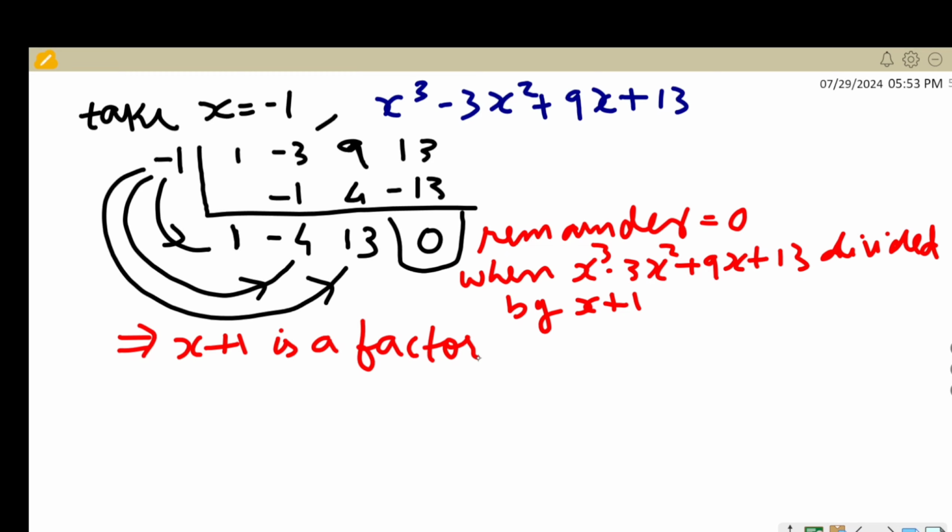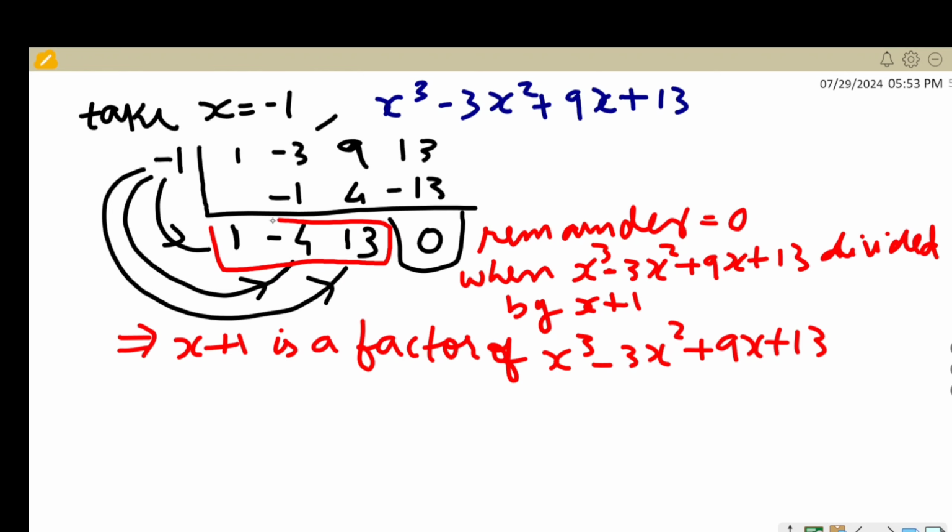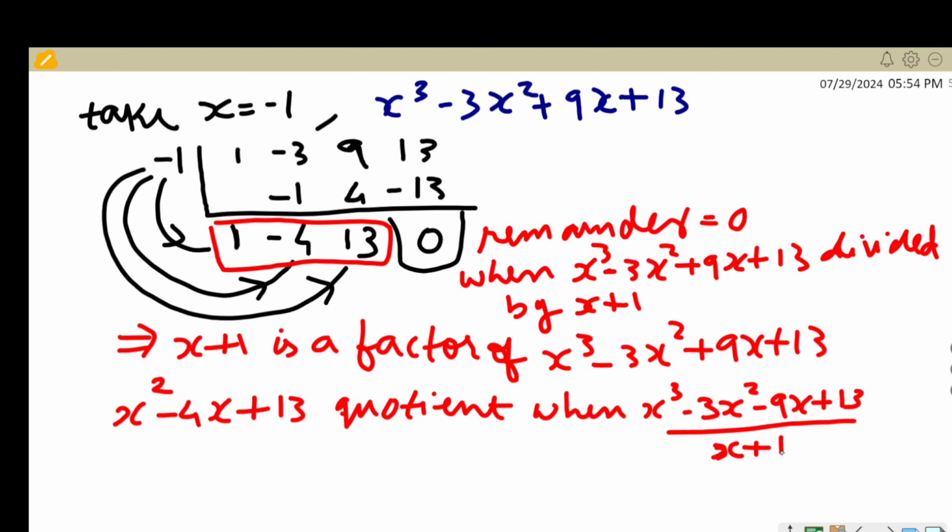When x cube minus 3x square plus 9x plus 13 is divided by x plus 1, we get remainder 0. This implies x plus 1 is a factor of x cube minus 3x square plus 9x plus 13. These are the coefficients of the polynomial which is the quotient when x cube minus 3x square plus 9x plus 13 is divided by x plus 1.